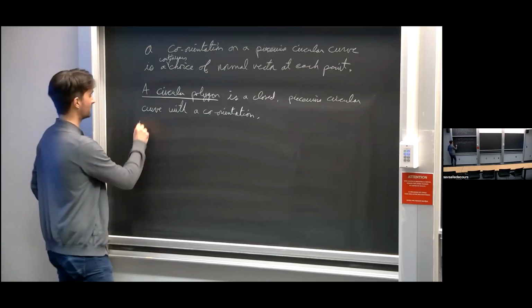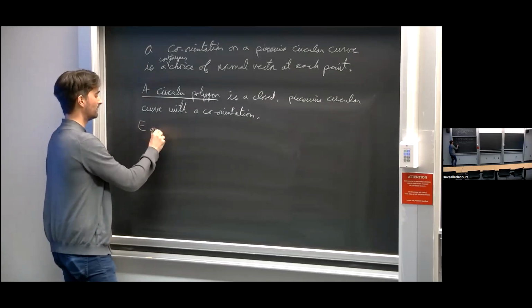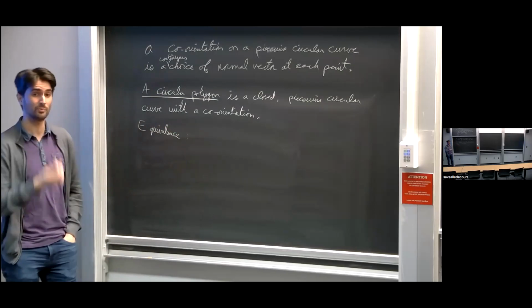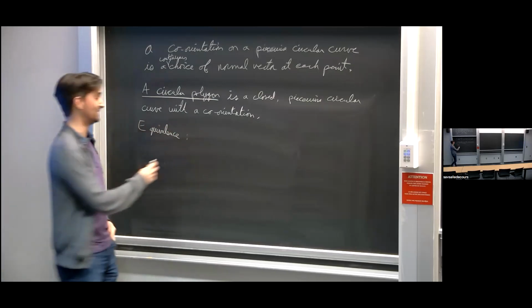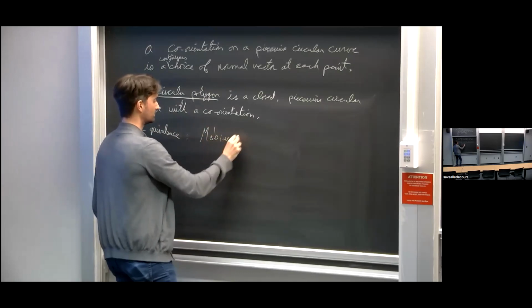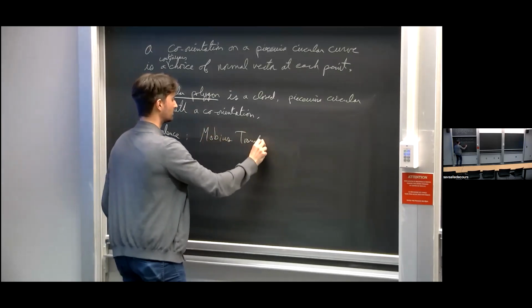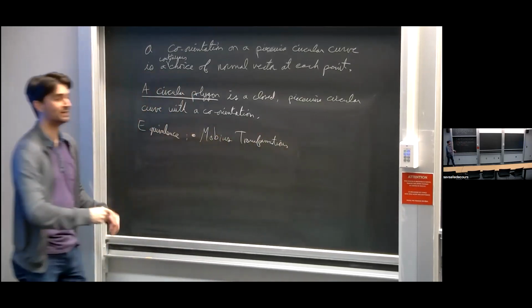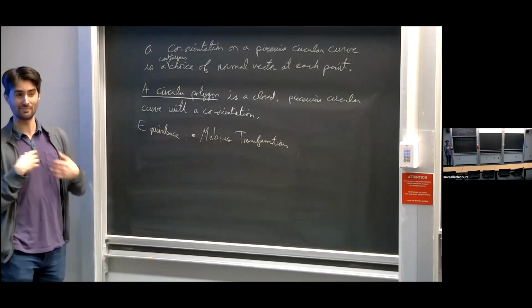Well, first, you can apply a Mobius transformation to a circular polygon. And because Mobius transformations preserve circles, they might send them to a line.